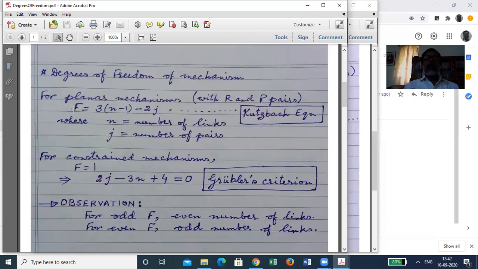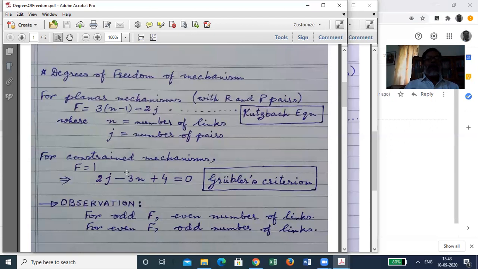So for that, if you put f equal to 1 here, then you get this thing is equal to 1, and you reorganize this. You take 2j on the other side, minus 3n on the other side, and from here minus 3 goes and becomes 3 plus 3, adds up with this 1 here, becomes 4, and you have a relationship between the number of pairs and number of links.